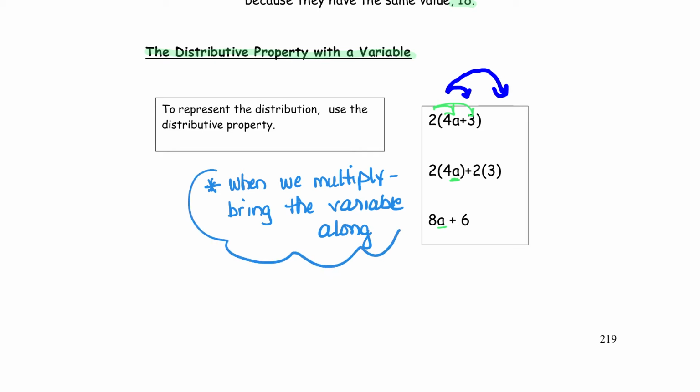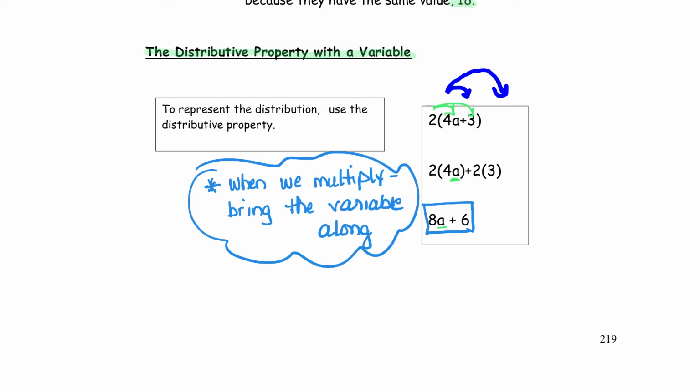What do you notice about these terms here? After we apply the distributive property, why is this our final answer? How come I did not add the 6 plus the 8a? You cannot combine unlike terms.